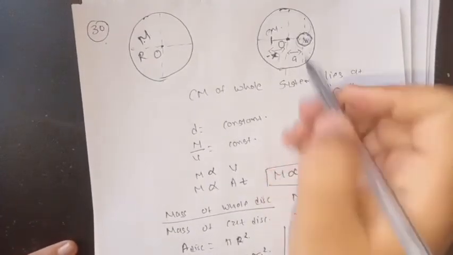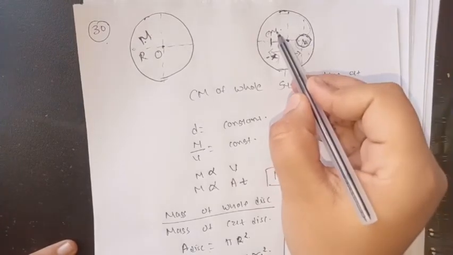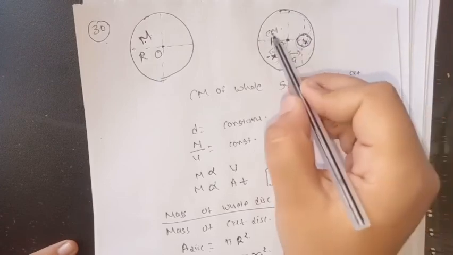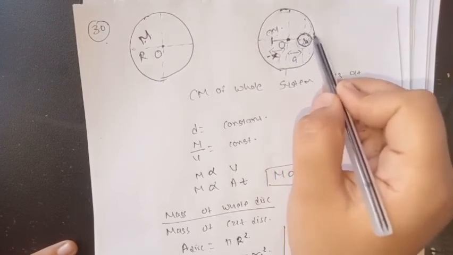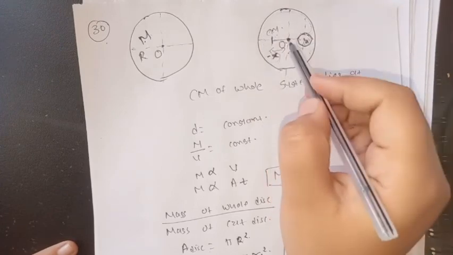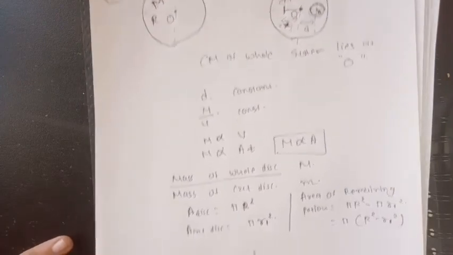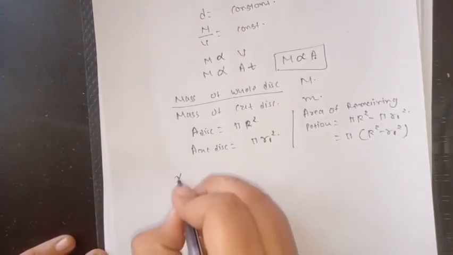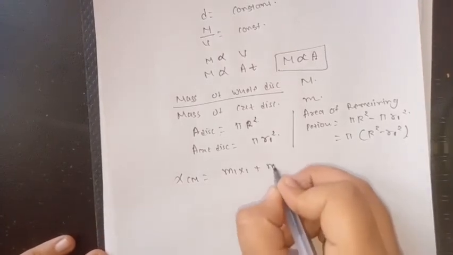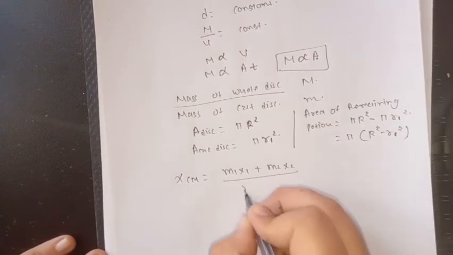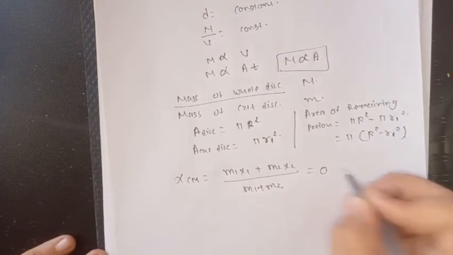Now let's say mass of this cut portion is m1 and mass of this remaining portion is m2. If we consider the combination of these two objects, the center of mass of this system will be at origin. That means its x coordinate will be 0. So we can write the equation xcm is equal to (m1 x1 plus m2 x2) upon (m1 plus m2), and here xcm is 0.